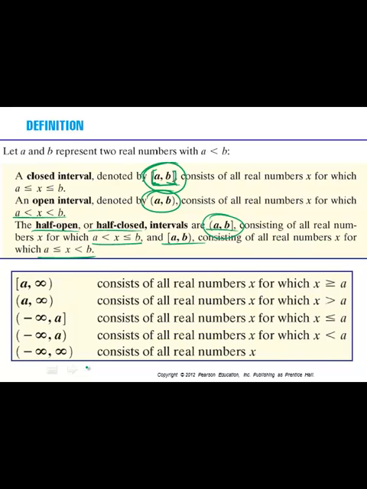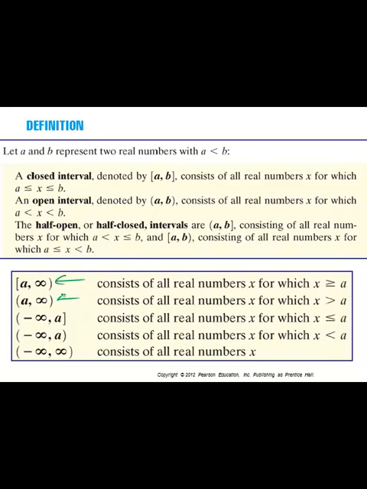Now, if you have an inequality involving infinity, then you will use the infinity symbol to indicate an endpoint, but you will never use a square bracket to indicate that you are actually including infinity, because infinity is not in the set of real numbers. So this first one right here, that's the set of numbers greater than or equal to A. Period.